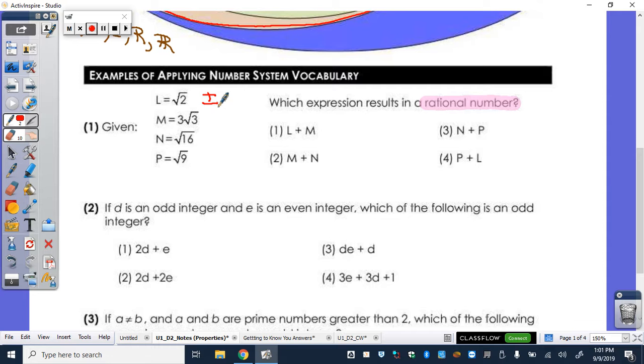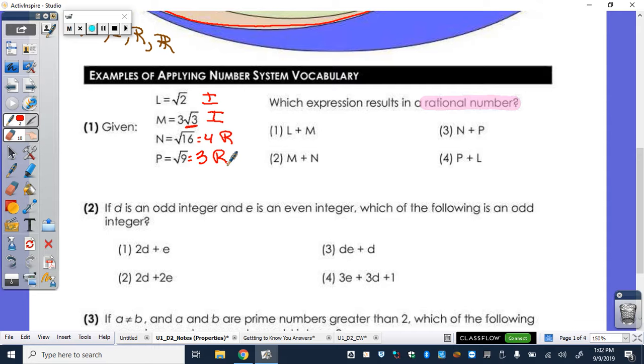How about 3 radical 3? Is that going to be rational or irrational? It's going to be irrational because that radical 3 there is going to make a non-ending, non-repeating decimal. How about the square root of 16? Rational, because what does the square root of 16 equal? 4, so that's rational. And the square root of 9 is 3. So that makes it rational.